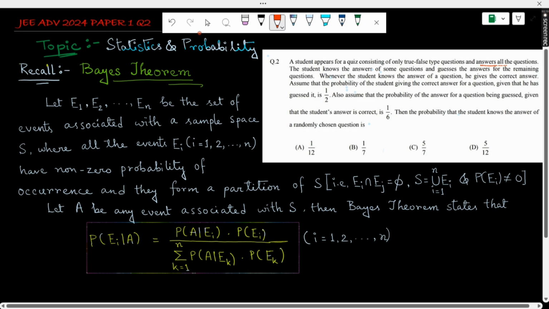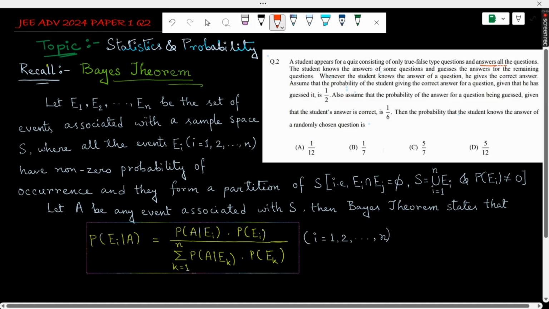And they form a partition of S. That means E1, E2 all are mutually disjoint, that is Ei intersection Ej is equal to phi for all i and j. And they are mutually exhaustive also. That means sample space S equals the union of Ei where i runs from 1 to n.